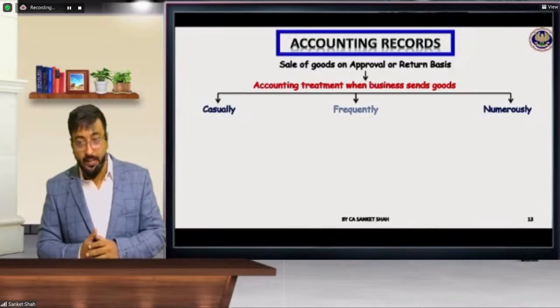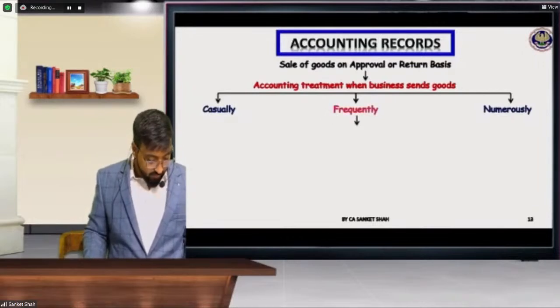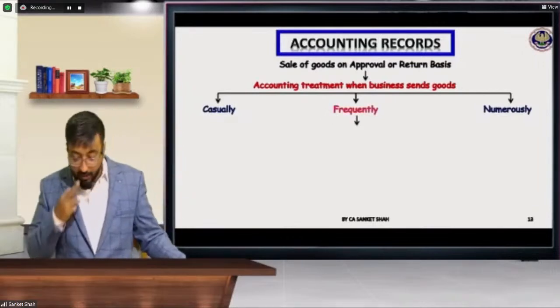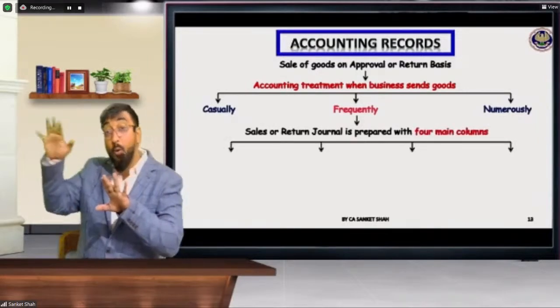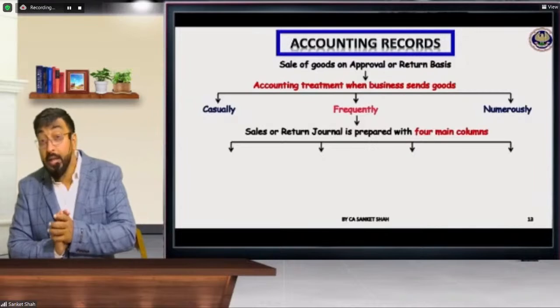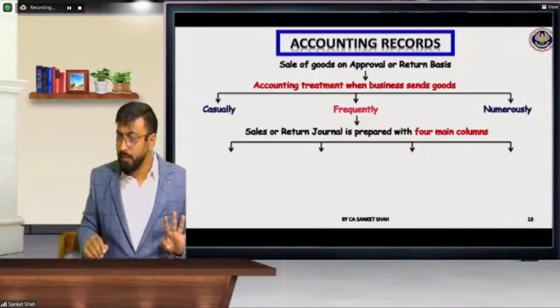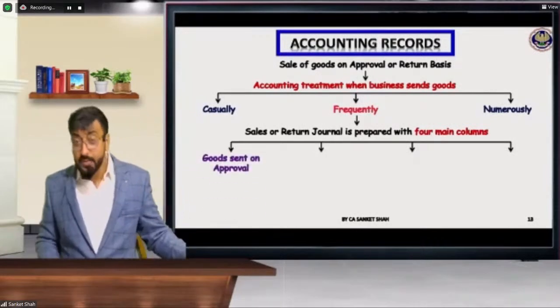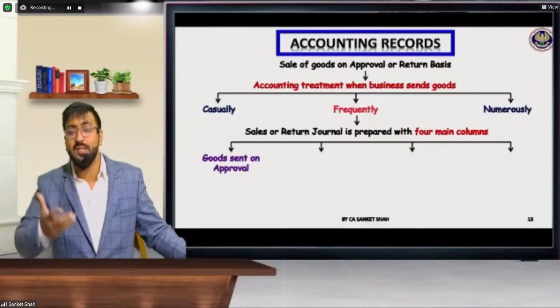Sir, what about frequently? Frequently means we will prepare 4 columns. Goods sent on approval. Very simple. When I'm sending goods, suppose 200 boxes are sent.